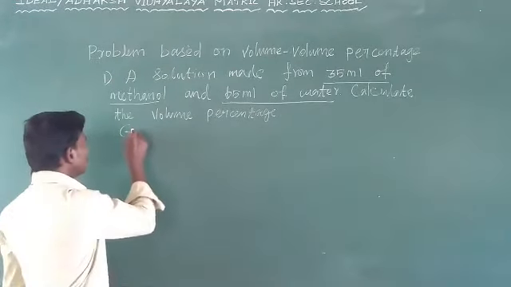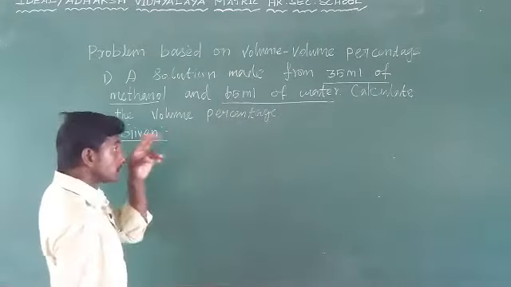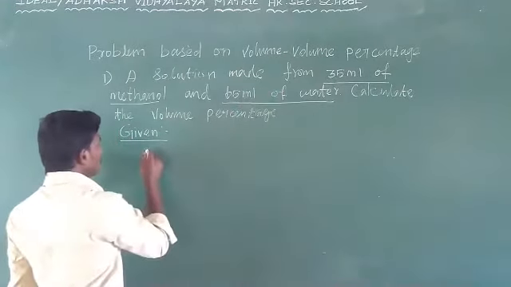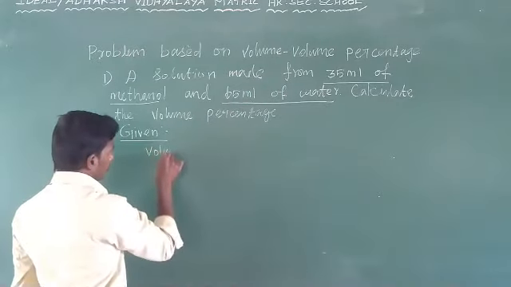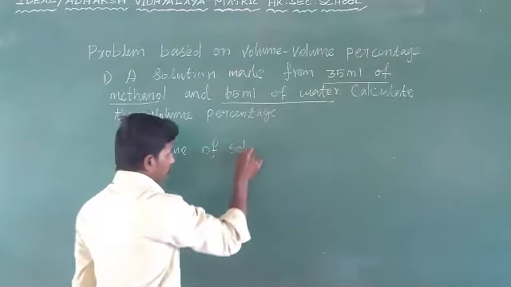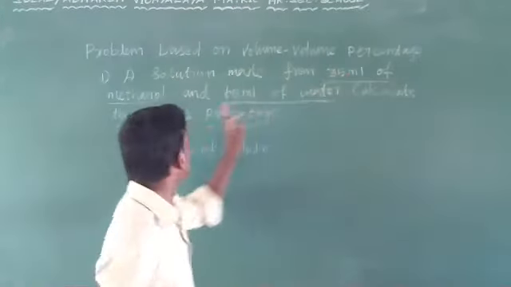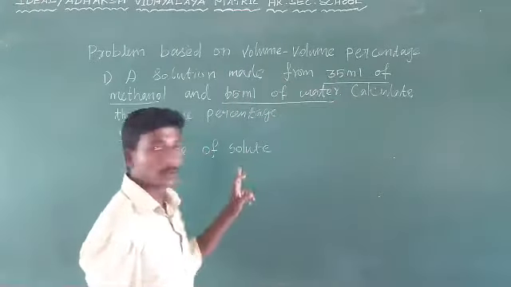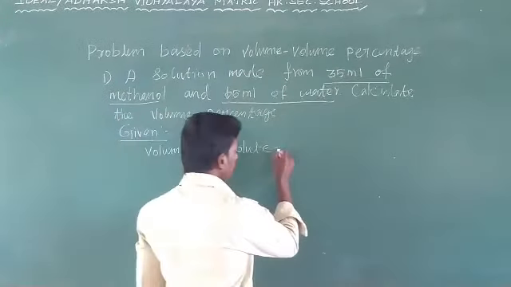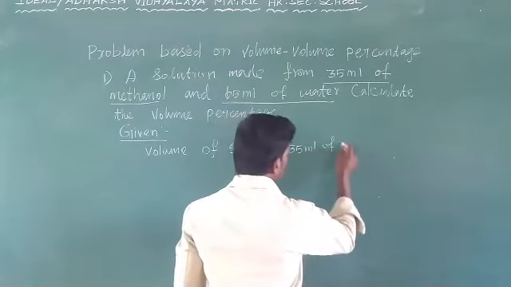So the given: volume of solute. Here that is 35 ml of methanol. It is the solute.